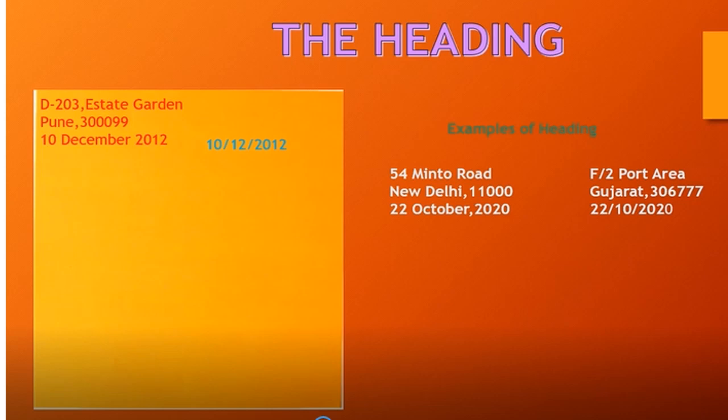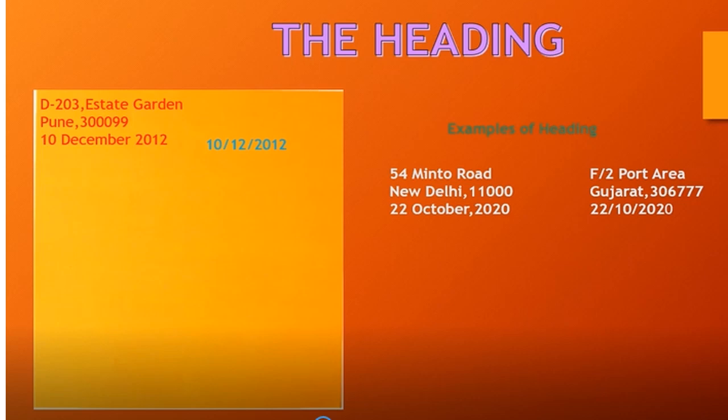The address is T203, Estate Garden, Pune. On the next line, 300099. Then comes the date, that is 10th December 2012. So this is your address.